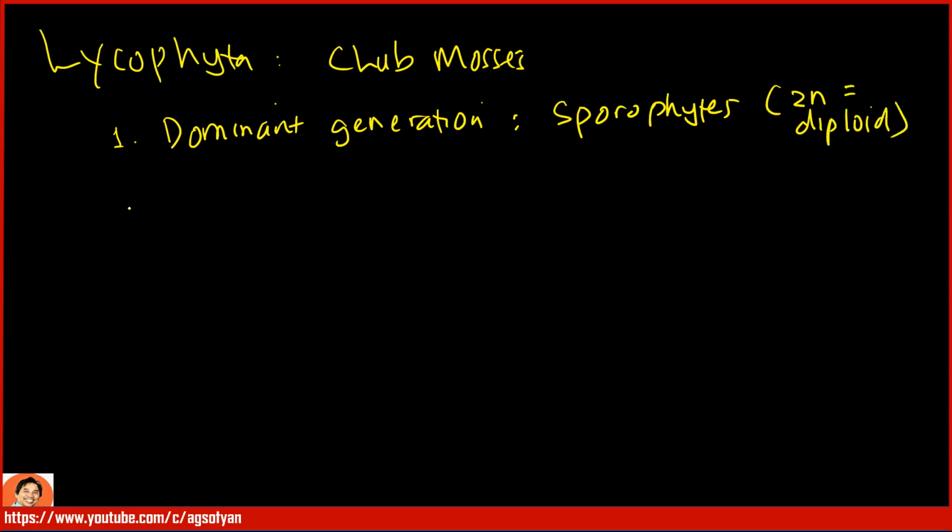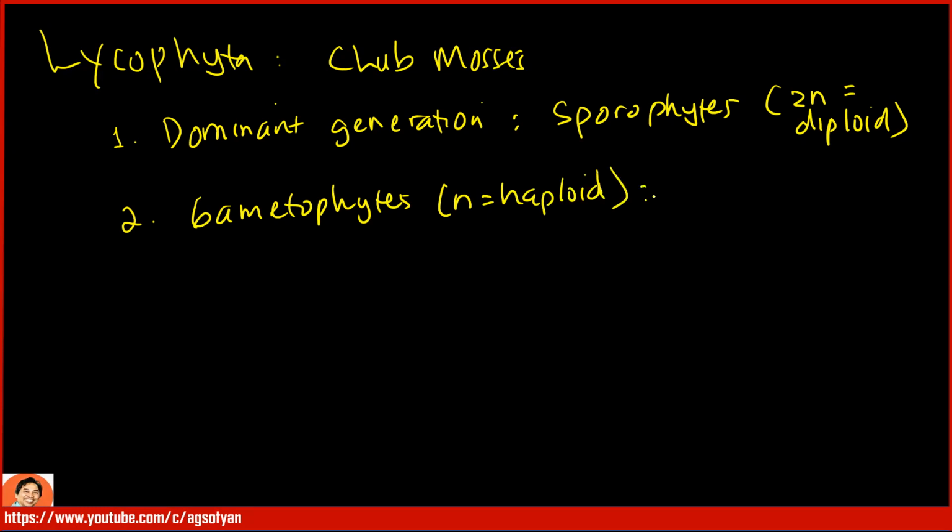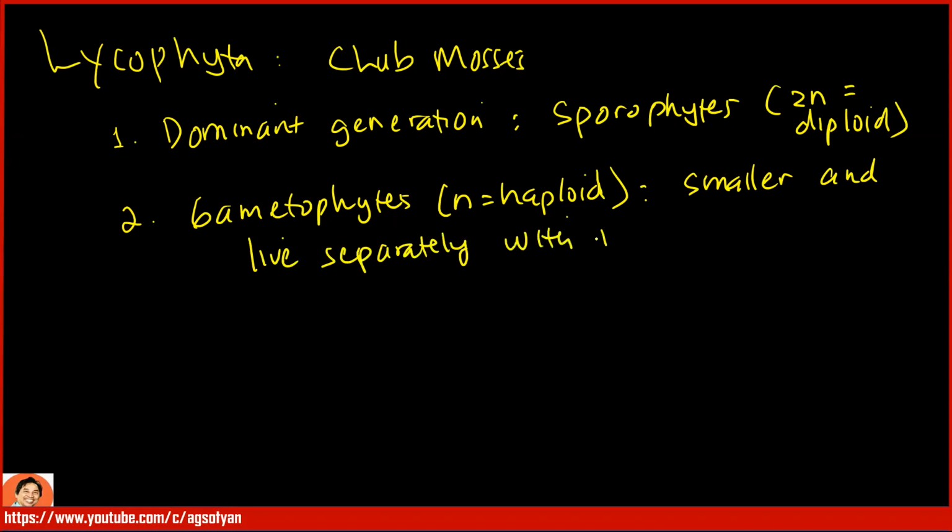The gametophyte, which is N or haploid, is smaller and lives separately from the sporophyte. We're going to see their life cycle later on.